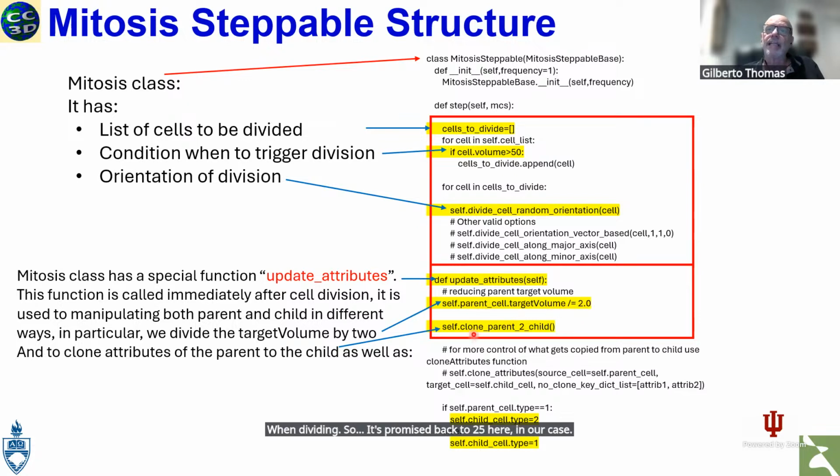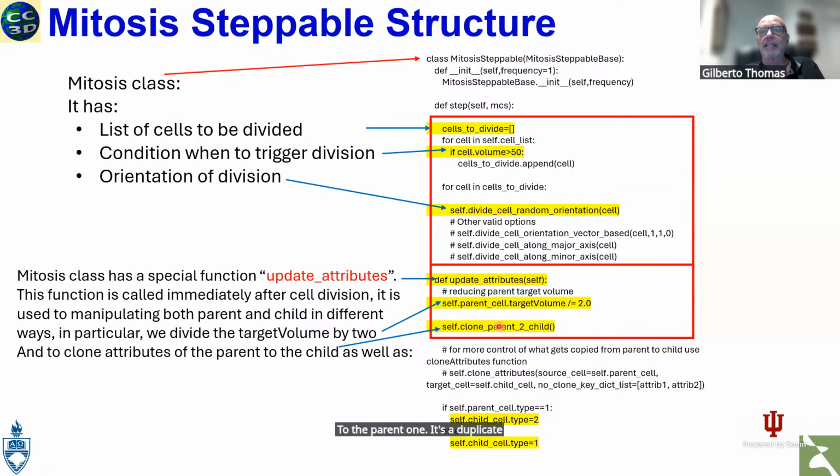And this line is an interesting, very important line: self clone parent to child. What does this line do? It copies from the parent cell all the attributes that the parent cell has and puts them in the child cell. So the child cell is exactly equal to the parent one. It's a duplicate.